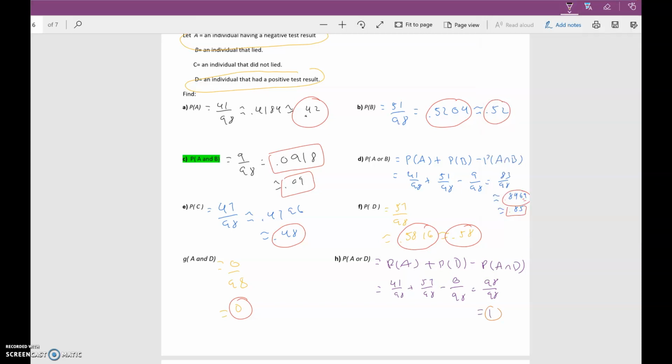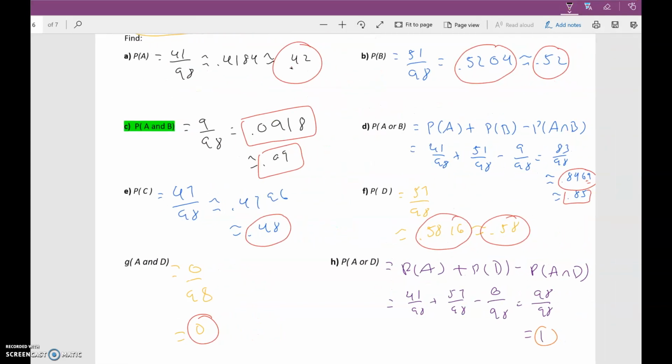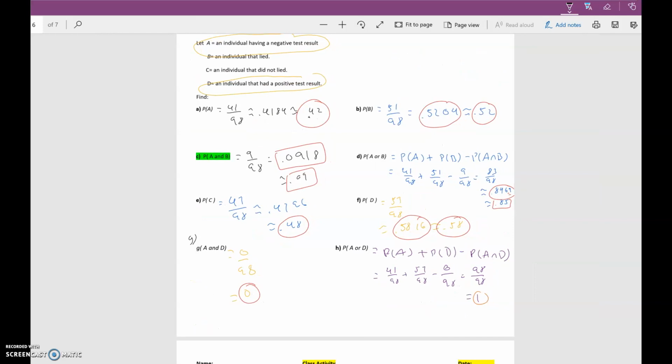This is a typo. It should say probability. So that's supposed to be a probability problem, and this is number G. I think I somehow edited this file and I might have erased it.